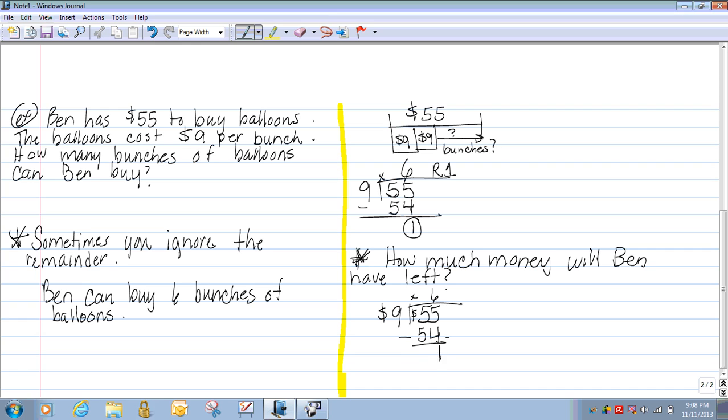And we subtract, and we have a remainder of 1. So he can buy 6 bunches of balloons, which is shown here, and he would have a remainder of $1. So Ben would have $1 left. And in this instance, you would not ignore the remainder.